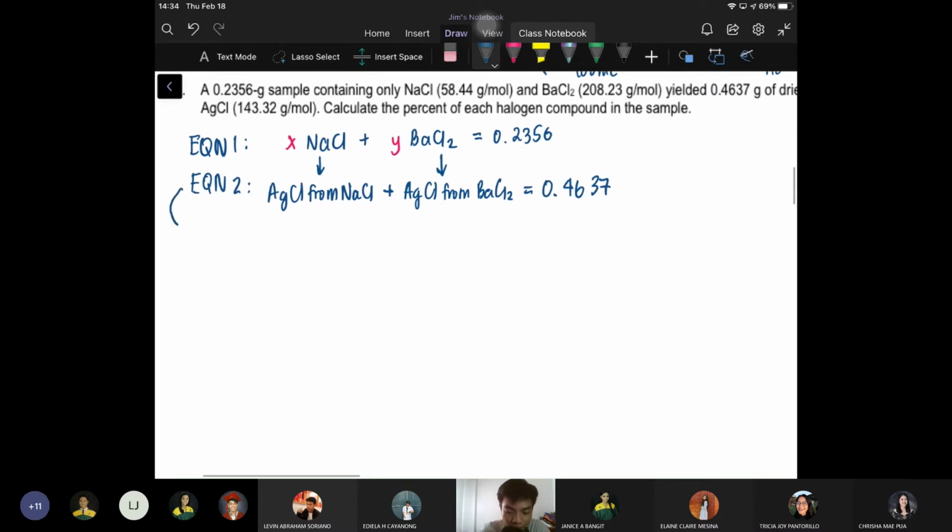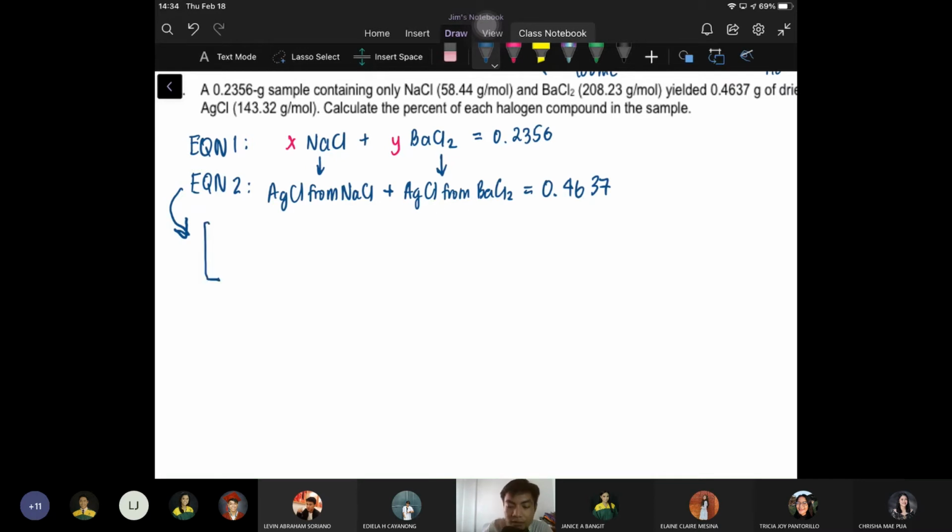So, focus tayo on equation 2. Let us write the expression showing the conversion of NaCl to AgCl and the conversion of BaCl2 to AgCl. Ipakita natin yung conversion ng mass na to to AgCl and yung mass na to to AgCl as well. So, paano yon?